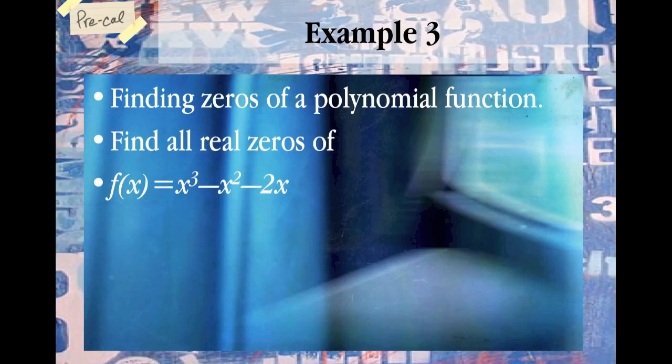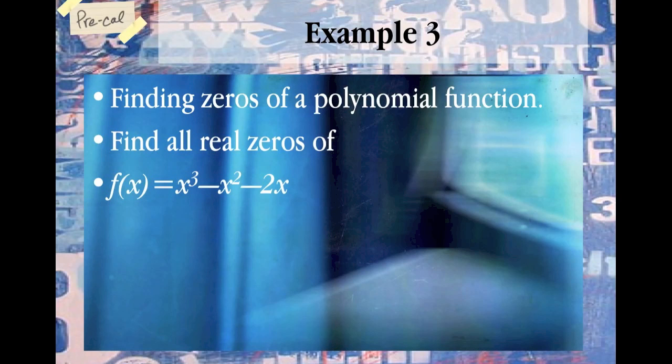Okay, you really should have paused it if you didn't. You're not going to learn anything if you just listen too much anyway. So what you should have gotten is, you factored your x out, and this is what you should have: x, parentheses, x minus 2, close your parentheses, open a new one, and then x plus 1.